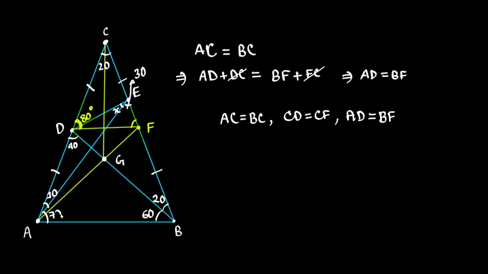This angle here was 70. Can we find this angle here? Let's see if we can do that or not. We'll need to do a lot of things here. One thing is for sure, DF is getting bisected by CG. Why?